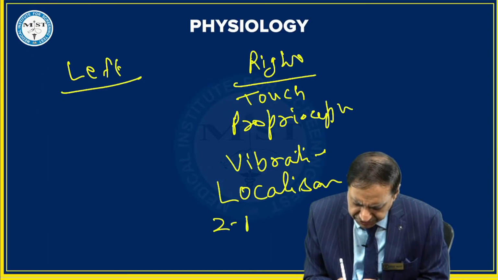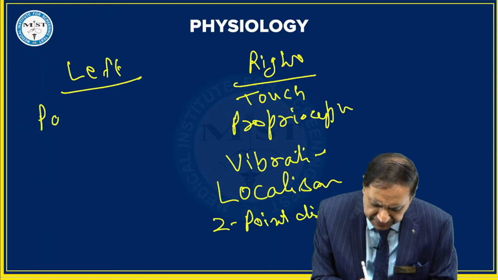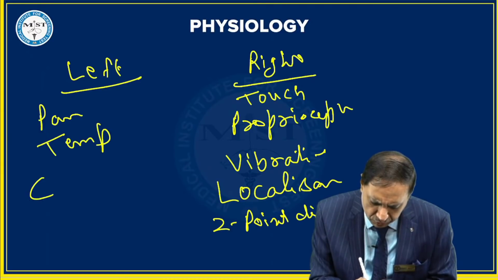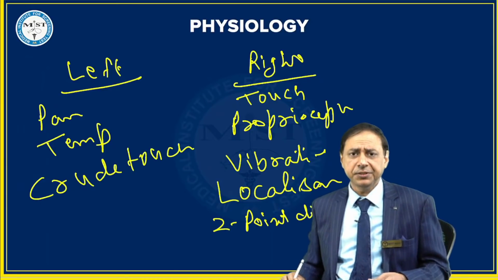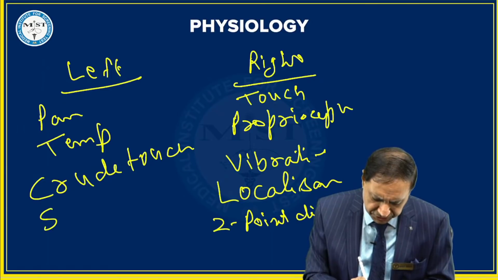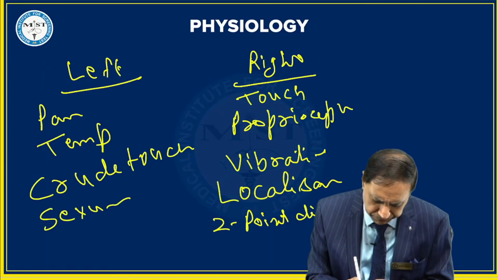Two-point discrimination will go. And here pain and temperature will go. Crude touch will go. Sexual sensation will also go. And another is tickling and itch.